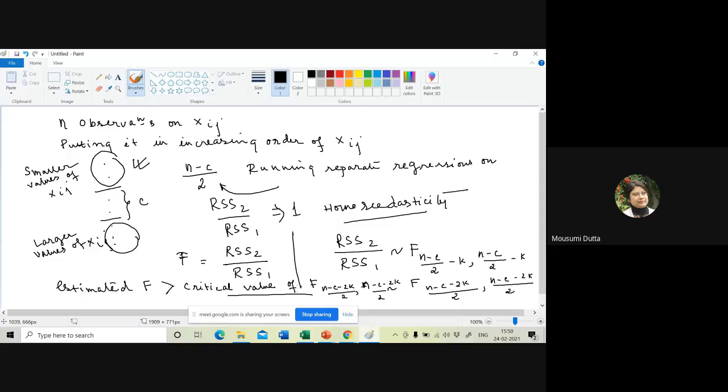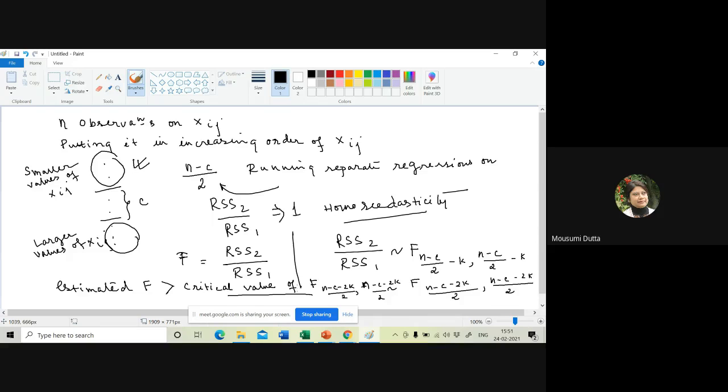So what is the degrees of freedom in my equation? If C central observations are very large, I hope you are understanding, the degrees of freedom is falling. The gap between (n minus c) by 2 and k will fall.